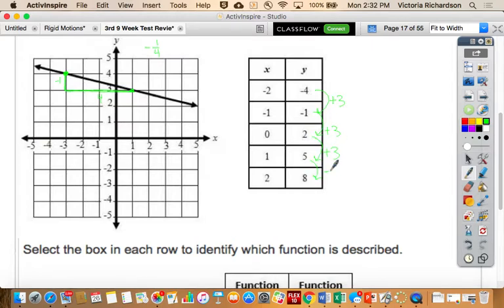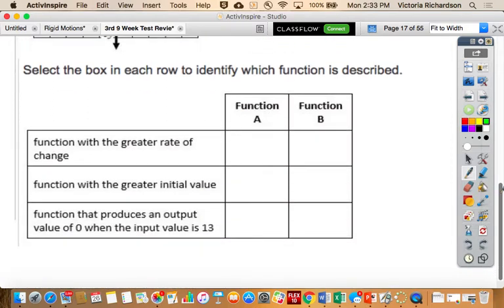And from 5 to 8 is +3. And the change from here to here is +1, +1, +1, and +1. So my rate of change here is y over x, so it'd be 3/1. And so the greater rate of change comes from the table, because 3/1 is greater than -1/4. So that would be function B.